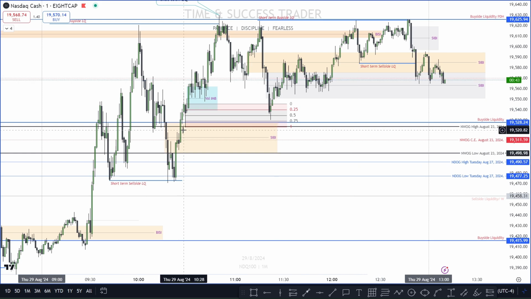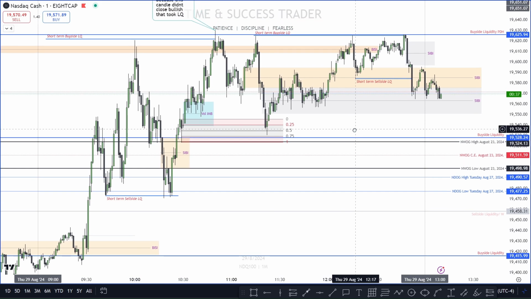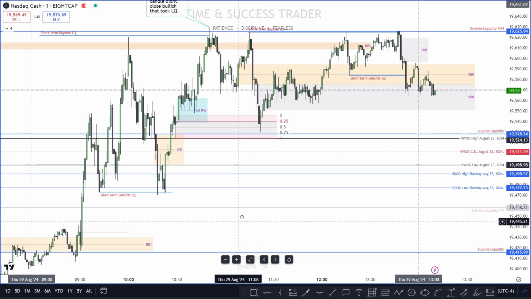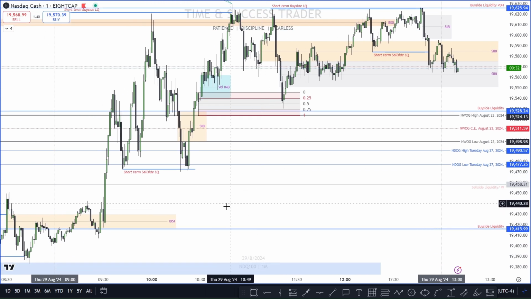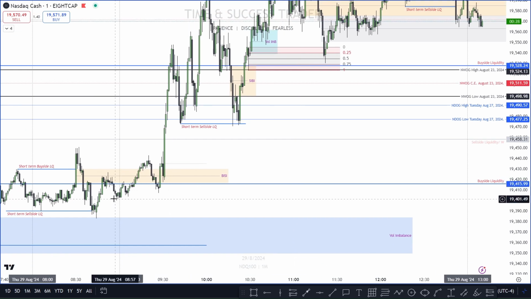And it got tested here. This is where it got tested, right there. And then I don't think we want to come all the way back down here based on how we displaced. I would say if there's any sell side liquidity, we would have maybe these.